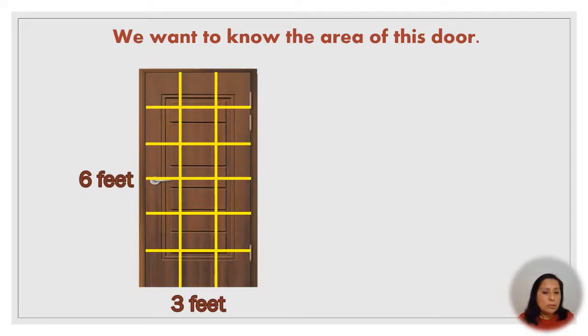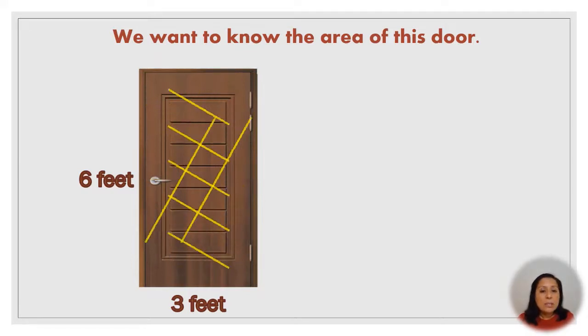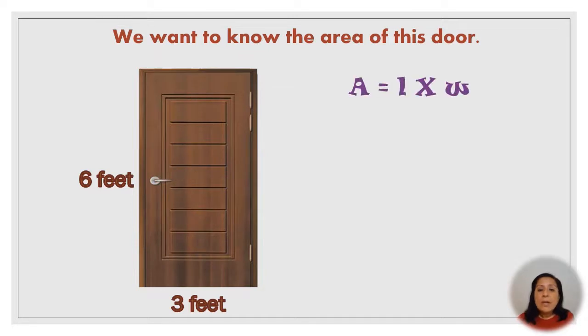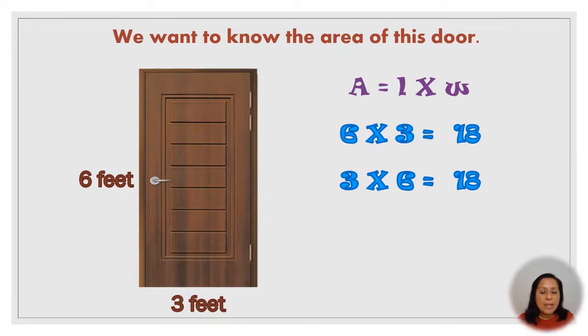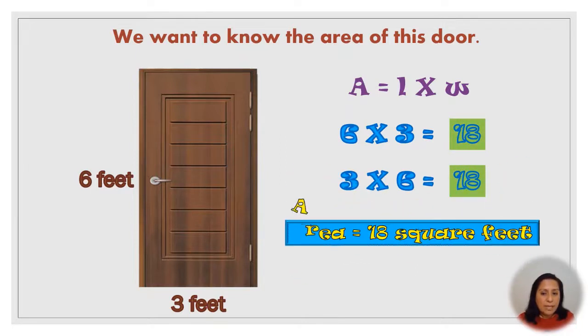So use your imagination, and the only thing you need to know is that you have to multiply the length times the width. So let's find the area of this shape. You multiply 6 times 3 or 3 times 6, and the answer is going to be the same, 18. So the area of this door is 18 square feet.